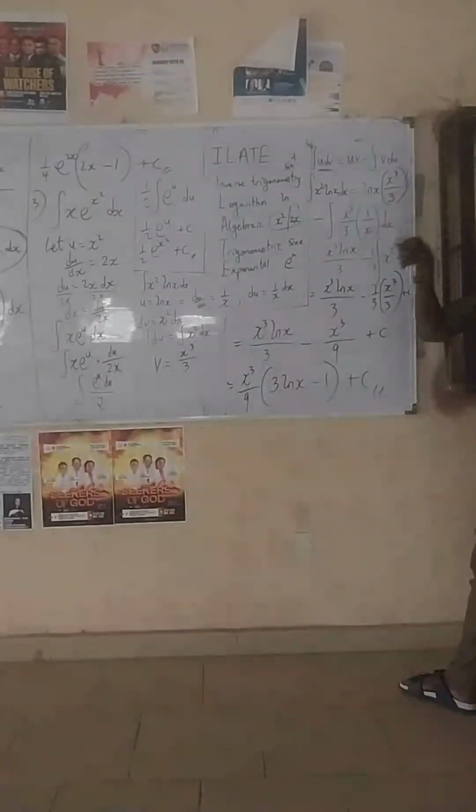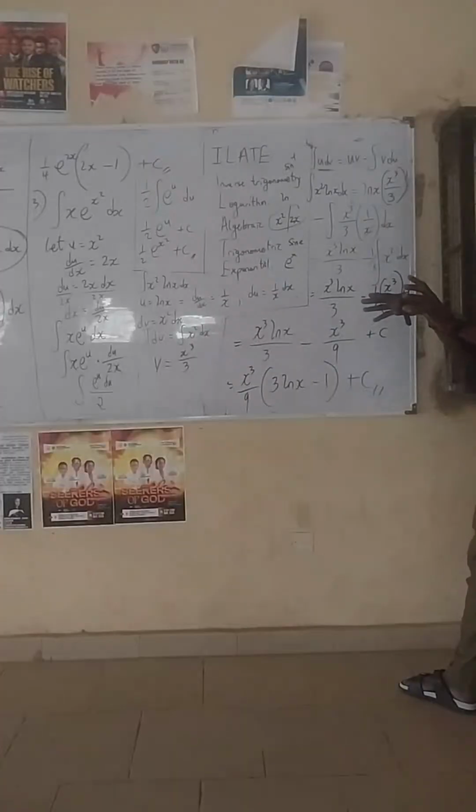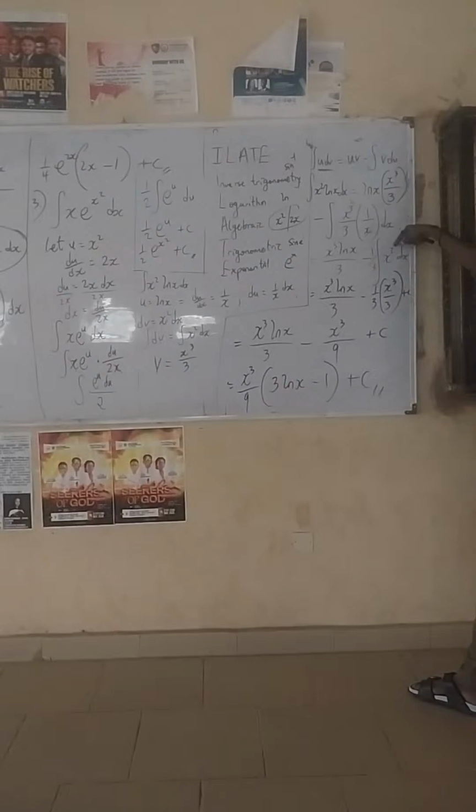Now, integral of x squared: add 1 to the power, divide by the new power. When you multiply, you have x cubed over 9.